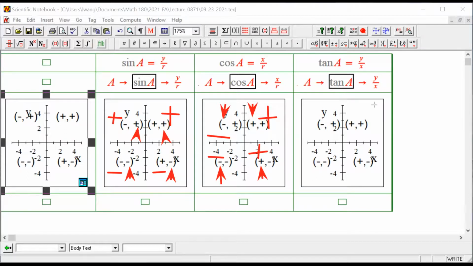Tangent, what did you do for tangent? Y divided by x. So positive divided by positive, you get positive. Positive divided by negative is negative. Negative divided by negative is positive. Negative divided by positive is negative. Do you guys follow me?